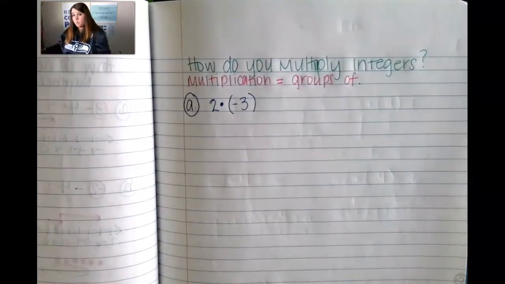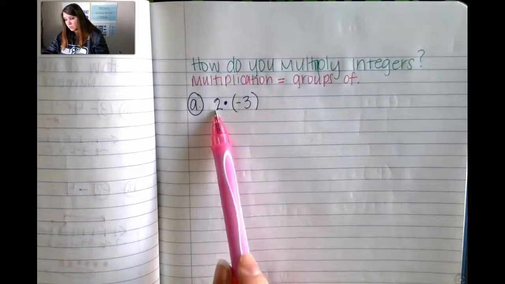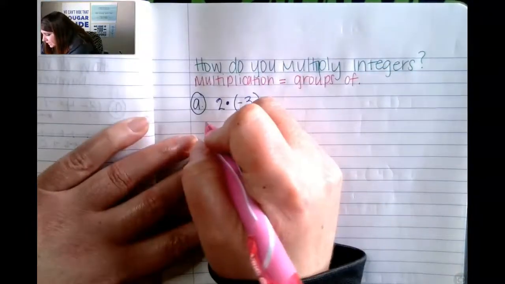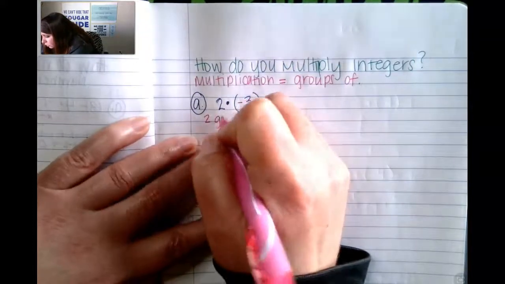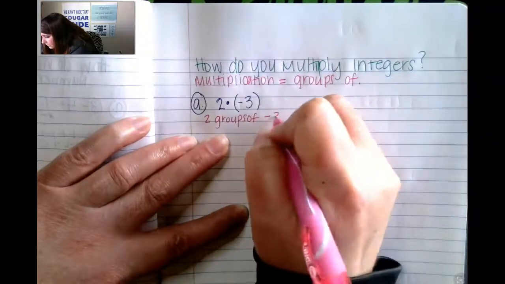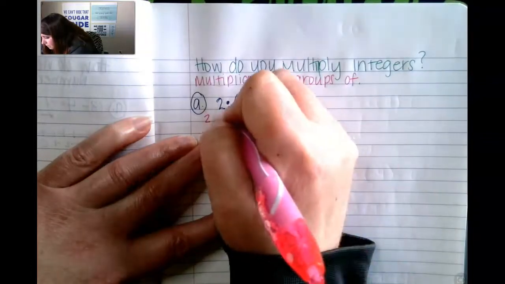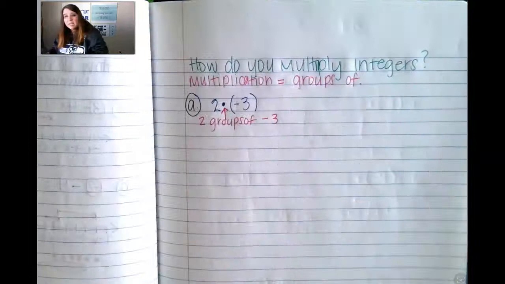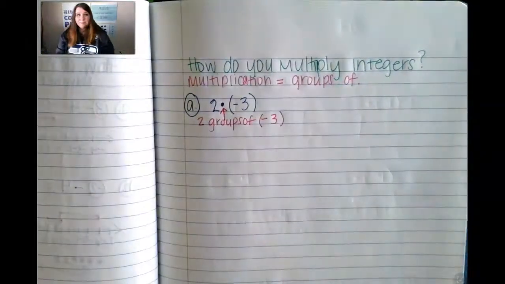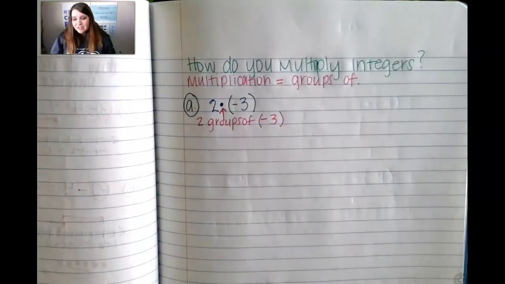So for example, when I read this problem right here, 2 times negative 3, I'm really reading this as 2 groups of negative 3. So that multiplication sign right there says groups of negative 3.